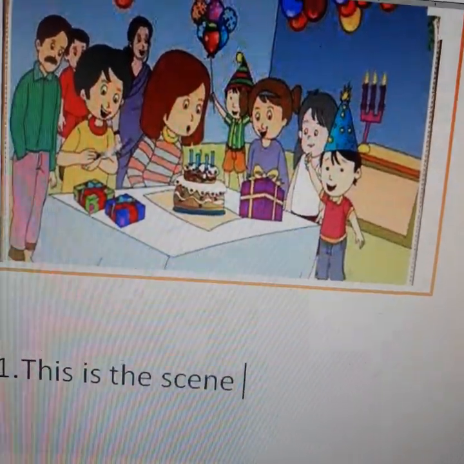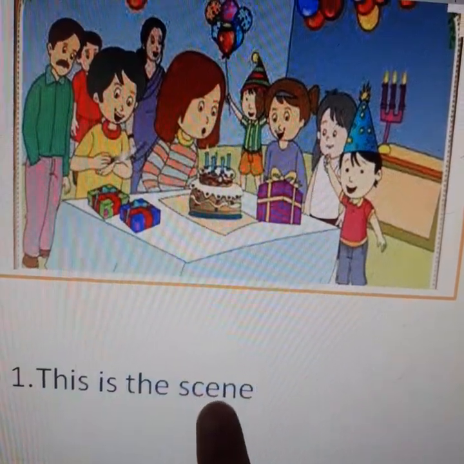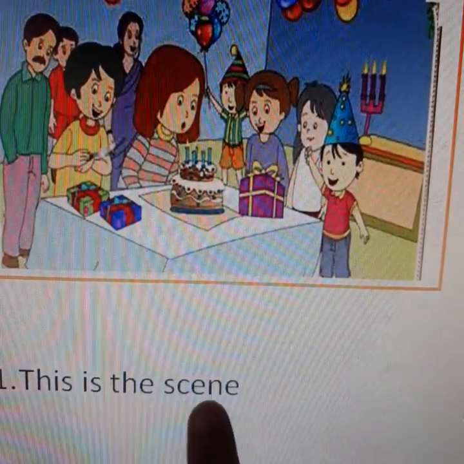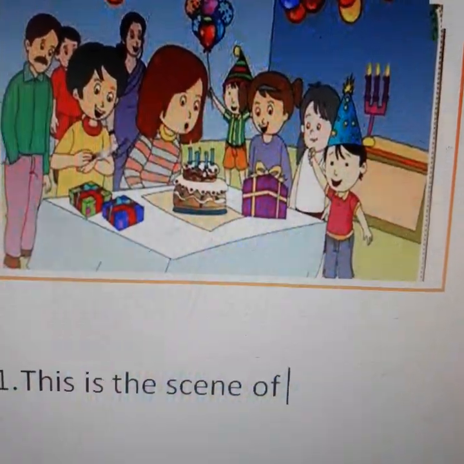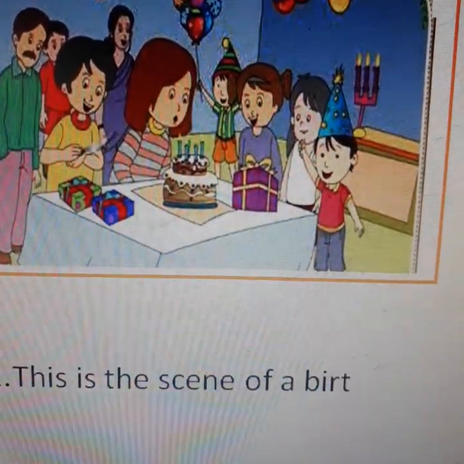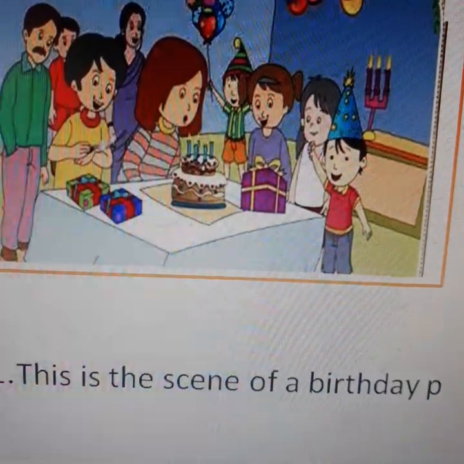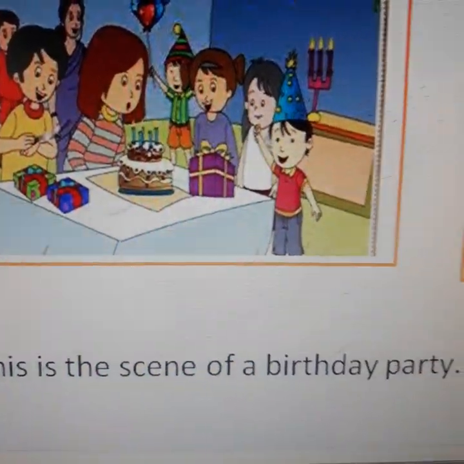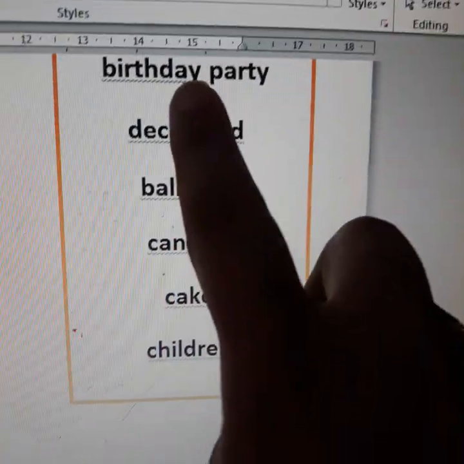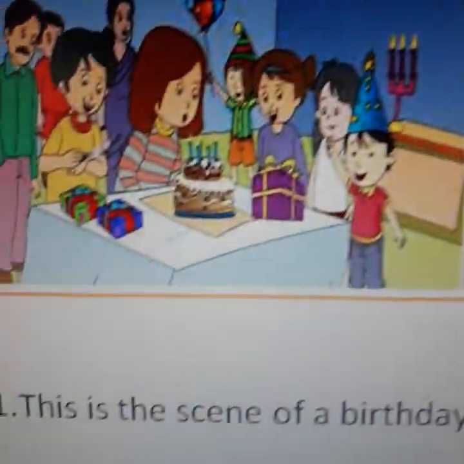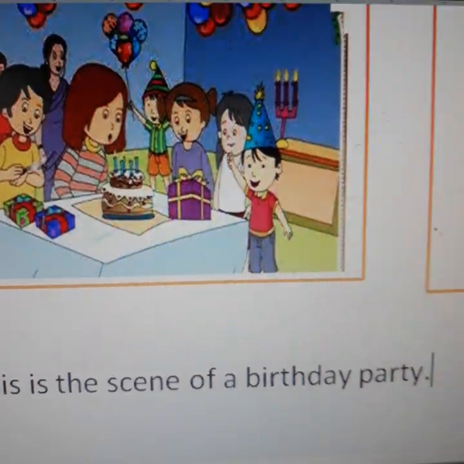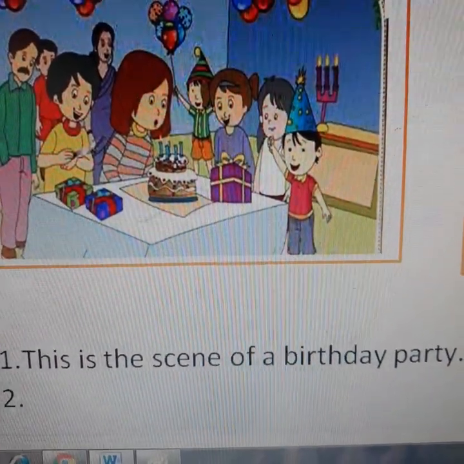You need to remember the spelling of scene, S-C-E-N-E. This is the scene of a birthday party. Now you can catch the spellings of birthday party from the help box given over here, right? So this is the scene of a birthday party.